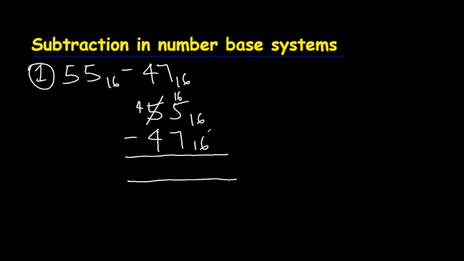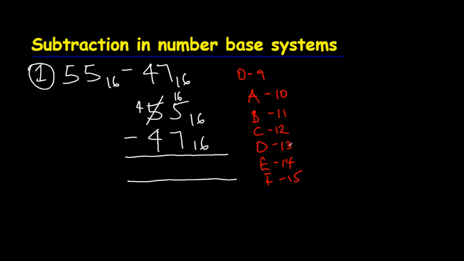But as we know, in the hexadecimal or the base 16 system, we not only use numbers from 0 to 9, but we also use alphabets A, B, C, D, E, and F, where A represents 10, B represents 11, C represents 12, D represents 13, E represents 14, and F represents 15.